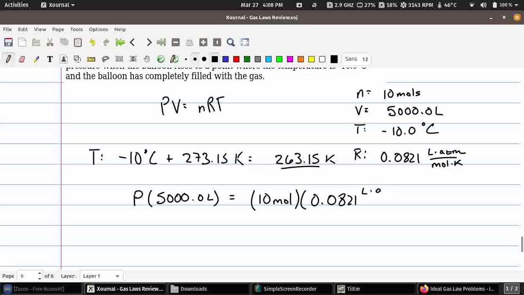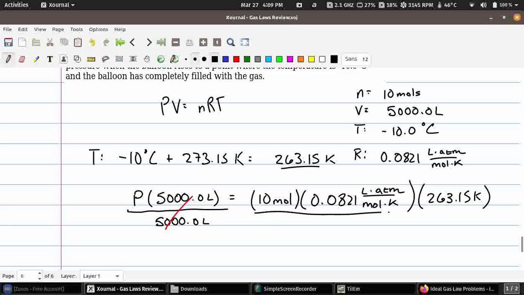Sorry, I'm not feeling good today. Okay, so the way we're going to solve this is we have to isolate P. So we divide out 5,000. So that's gone, and it's over here.